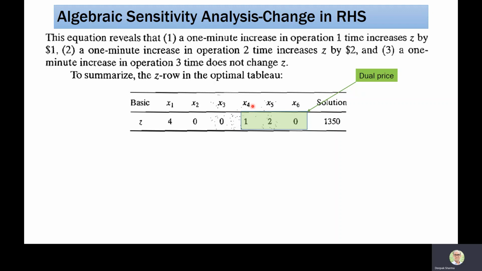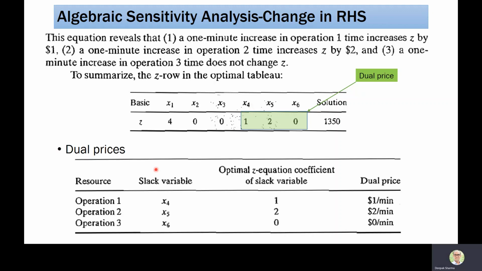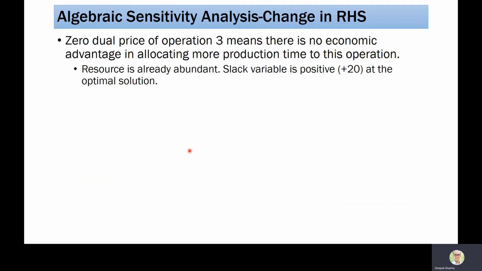So the simplex method gives you the dual price directly. We don't have to calculate it as we did with the graphical method. The dual prices for the resources of operations 1, 2, 3, with slack variables, are given here. The change in the optimal value of Z is given based on the dual prices, which are $1 per minute, $2 per minute, and $0 per minute.